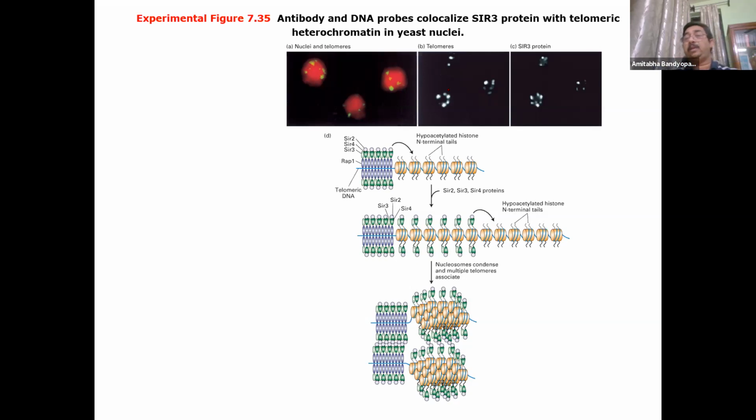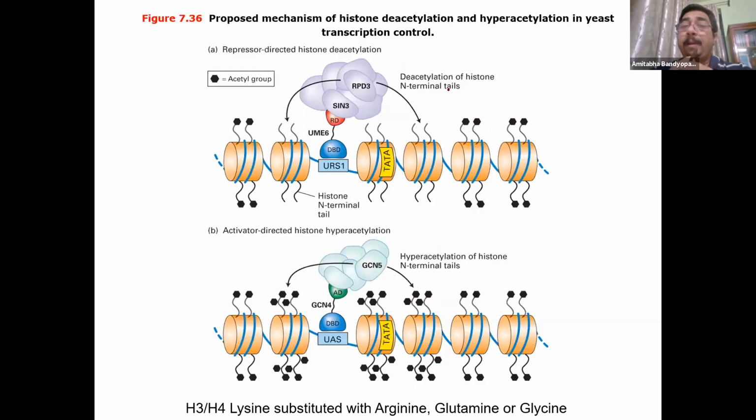So this actually tells you that the nucleosome and its assembly with the DNA is very, very critical for transcriptional repression. And what is also known, that there is another kind of repressor, which is called RPD3. RPD3 is also a deacetylase. So there is a transcriptional repressor, which is called UME6.